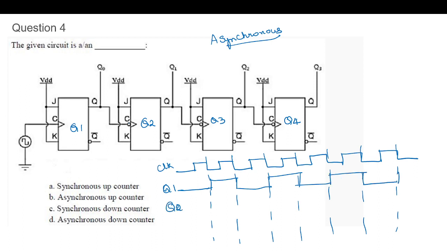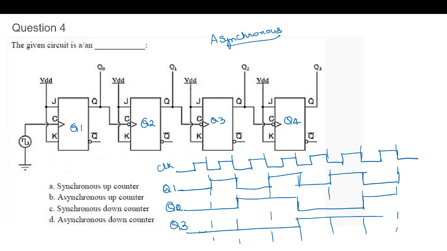Next is Q2, the negative edge of the first flip-flop output. Q3, again negative edge of this flip-flop. So you can see, in this region it will be 0. Just with this, let's see whether it is counting up or down.